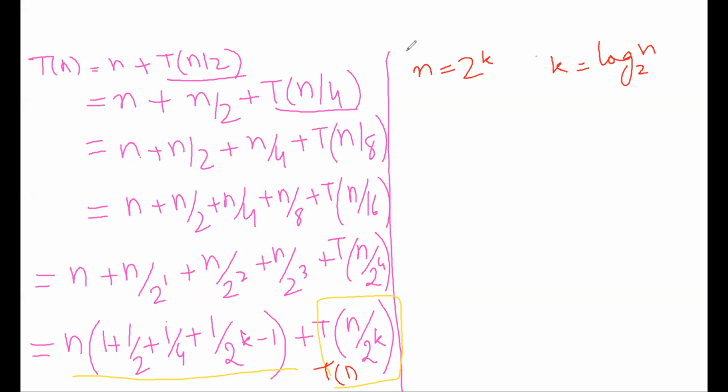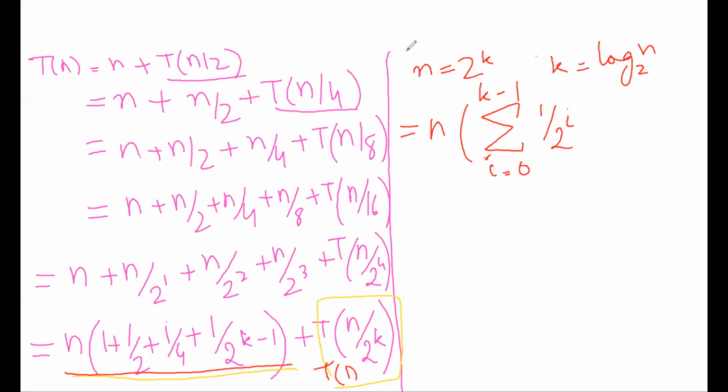So we have to focus on this, which becomes n into the sum of 1 by 2 to the power i, where i goes from 0 to k minus 1, plus T(1).